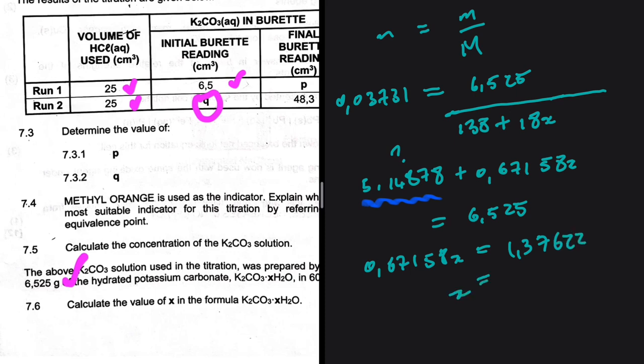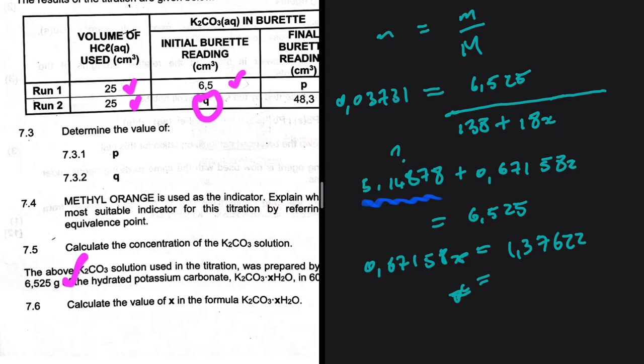So x is equal to 1.37622 divided by 0.67158. I'm having a lot of fun, to be honest. So I just need to put this in my calculator. I'm not sure I want to. Because if this answer is not a whole number, I'm not carrying on.